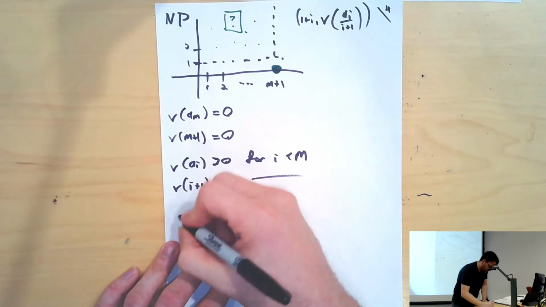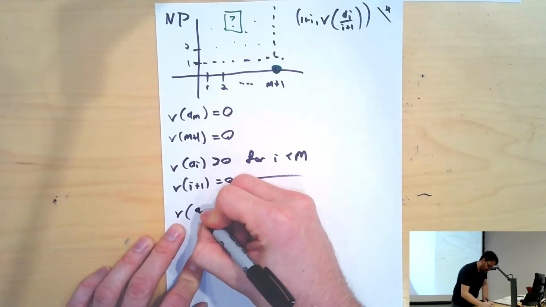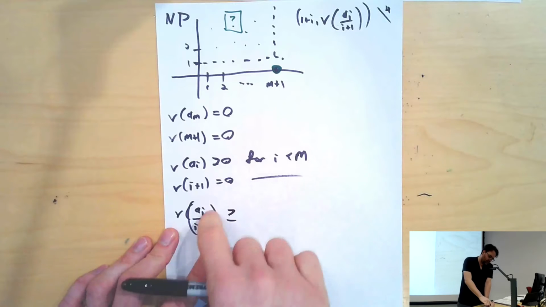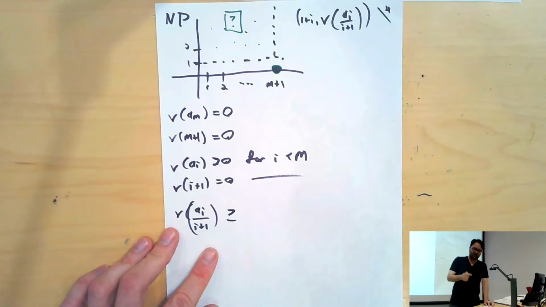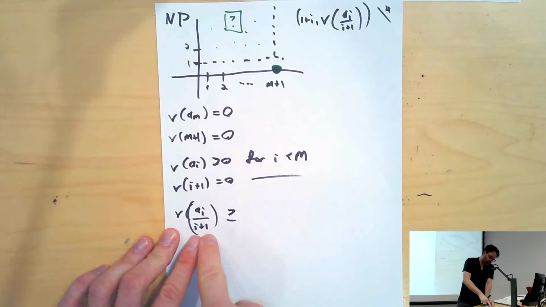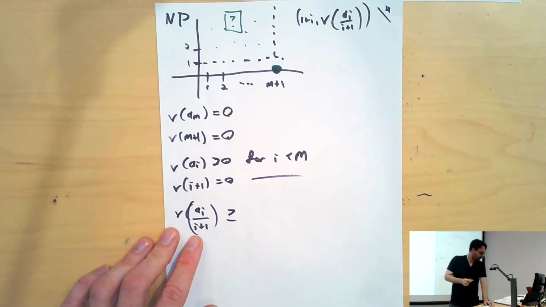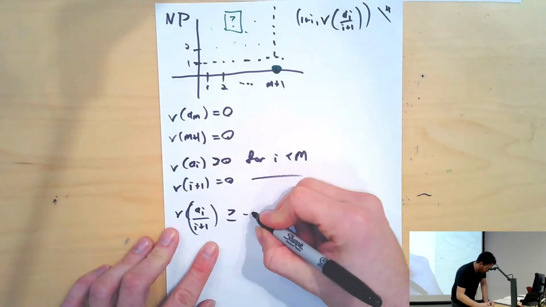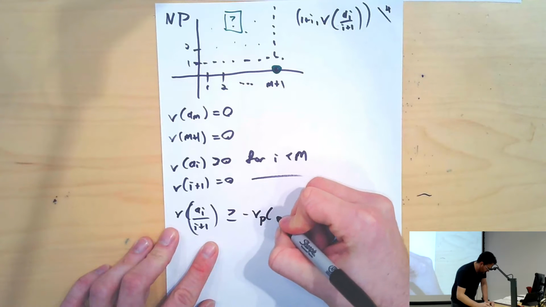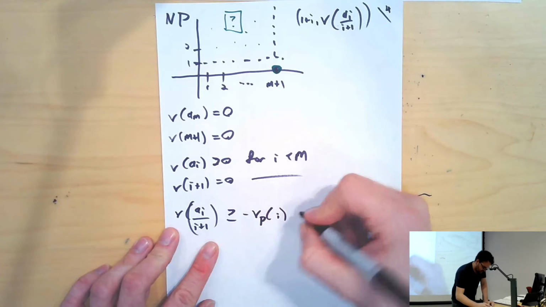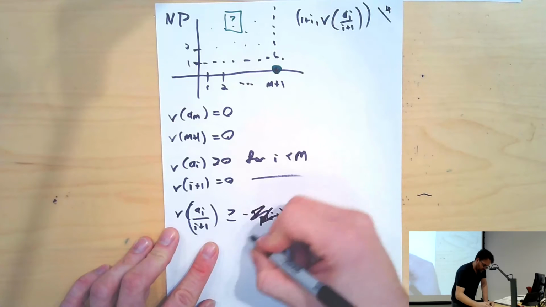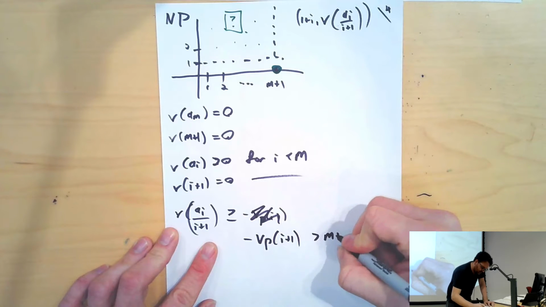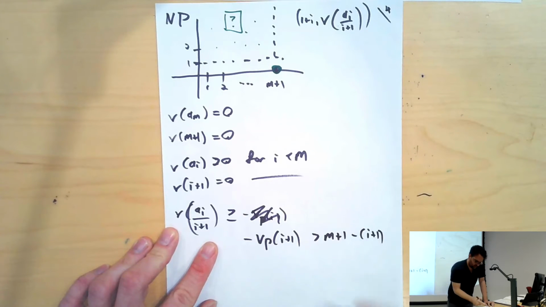But here's the point. The valuation of a_i over i plus 1 is at least, so the valuation of a_i is either 0 or positive. It's never negative. And then the valuation of i plus 1, the p-adic valuation, grows slowly, so logarithmically. So you can work out as an exercise, this is at least m plus 1 minus, just a short calculation.